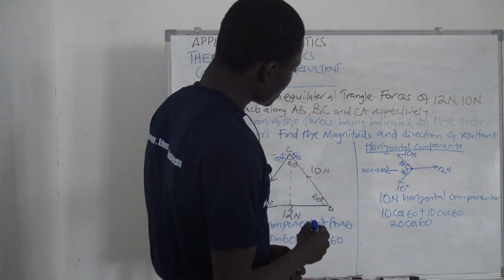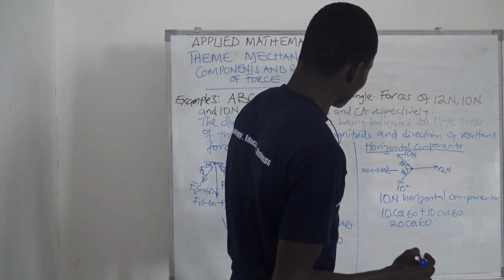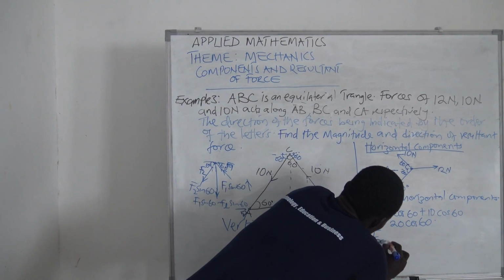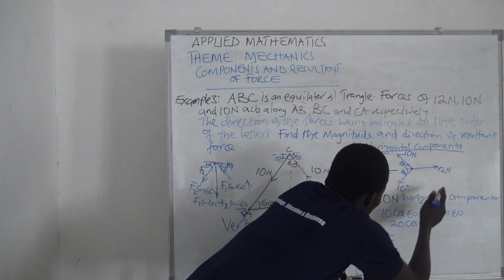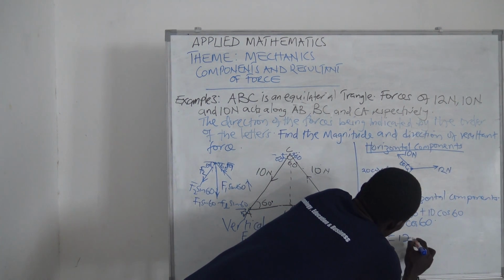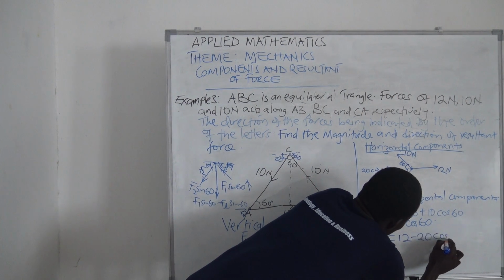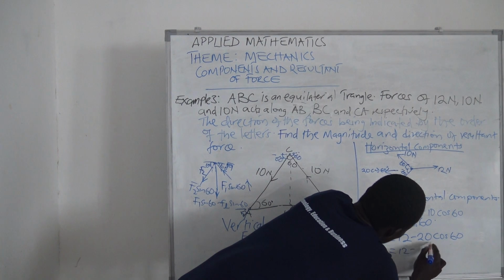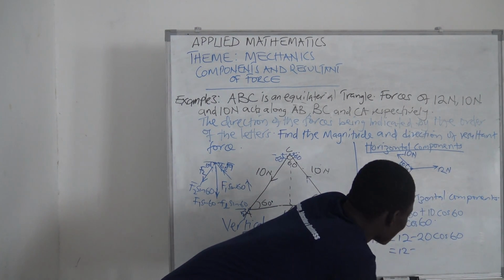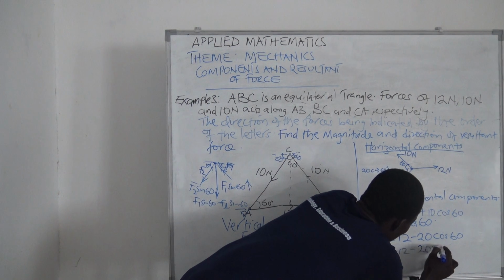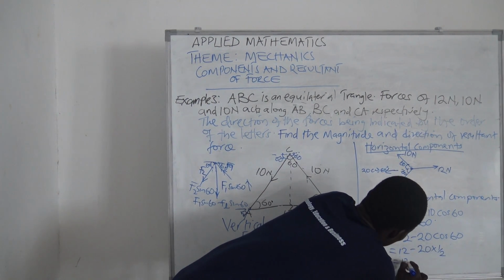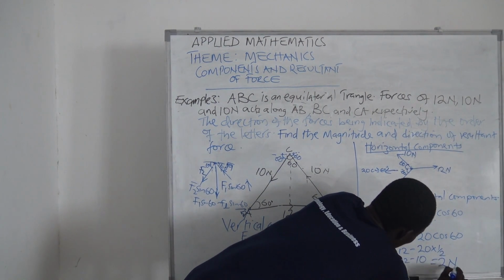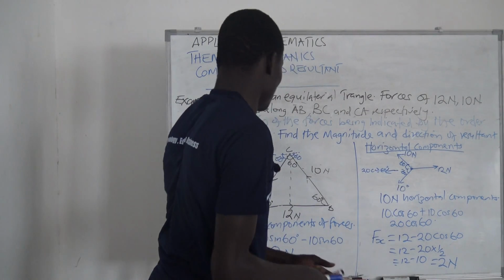So the overall horizontal component fx is given by 12 minus 20 cos of 60. Cos of 60 is a half, so it will be 20 times a half, which is 12 minus 10. This one equals 2 Newton. Then the horizontal component is 2 Newton.